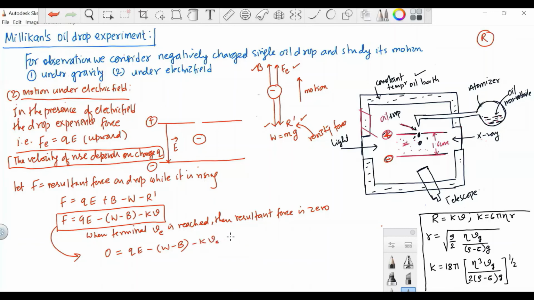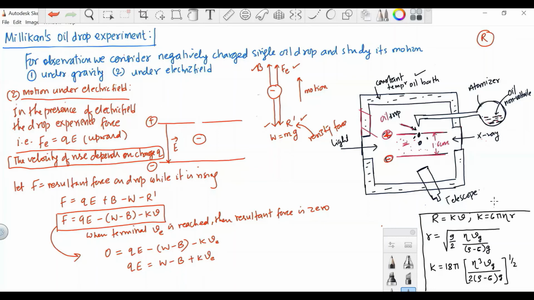So when terminal velocity is attained, the resultant force is 0. On rearranging, QE equals W minus B plus K times VE. So we get this.